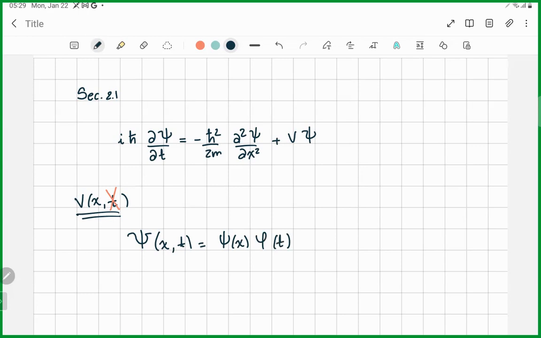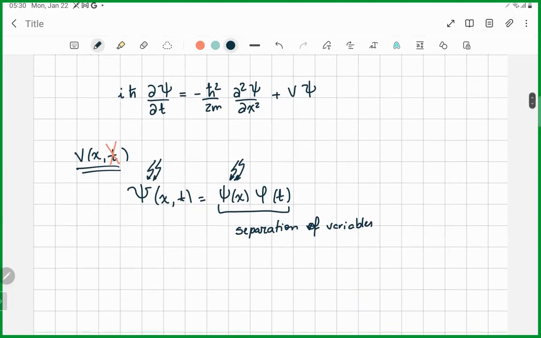Okay, so you see this letter here is again psi, just as here, but here we have the small psi and this is the capital psi. Or if you prefer to say it properly in Greek, is psi. Okay, so we can do this separation of variables. It works very well, as you will see. The separation of variables in the case where the potential only depends on position.